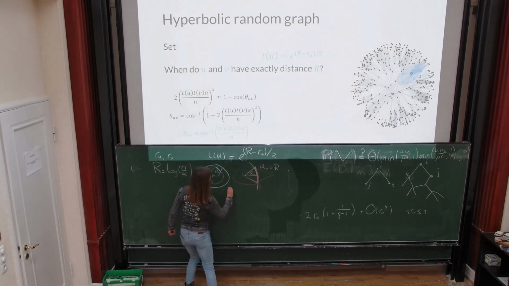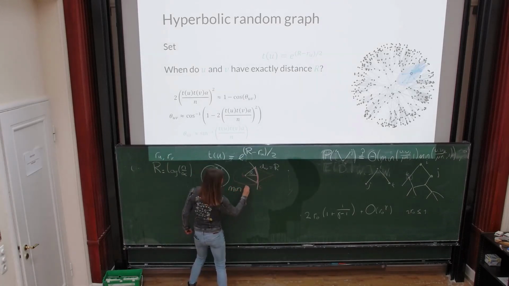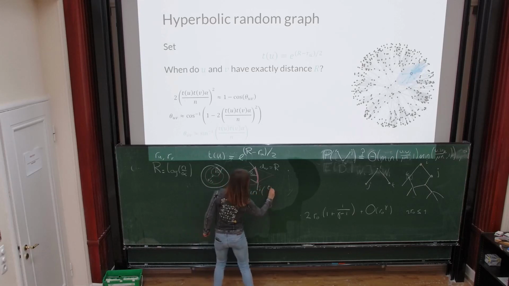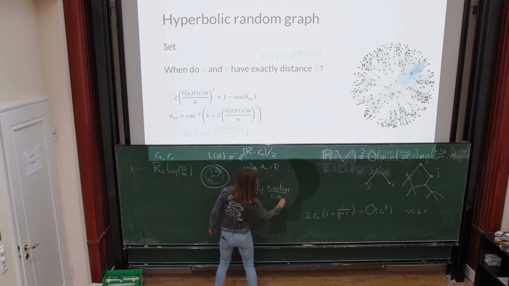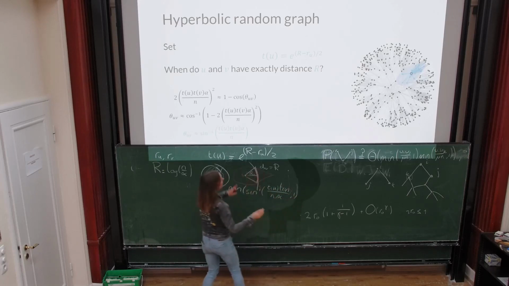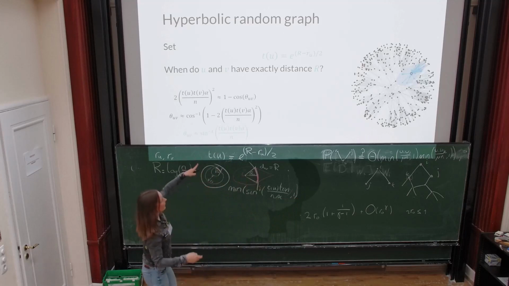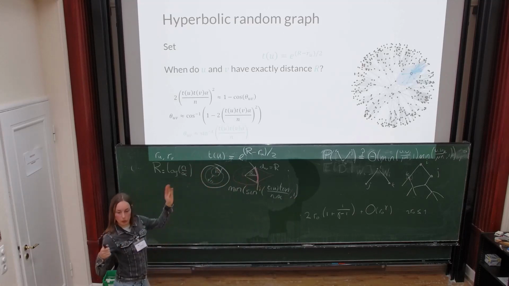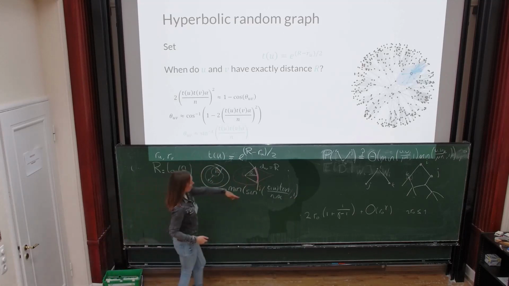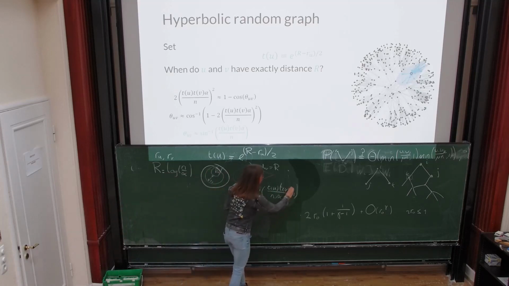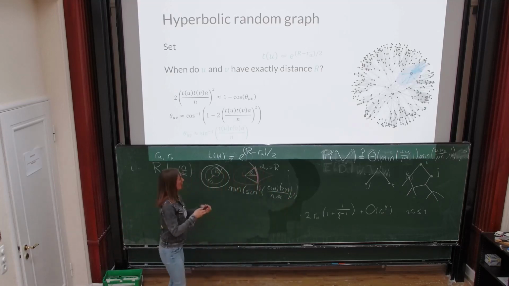It will be the minimum of the inverse sine of the product with 1, because at some point the hyperbolic disk contains the whole plane, but that is something else, so then it is actually also a probability.